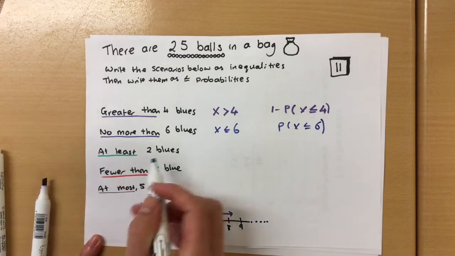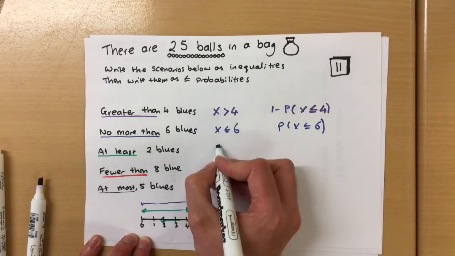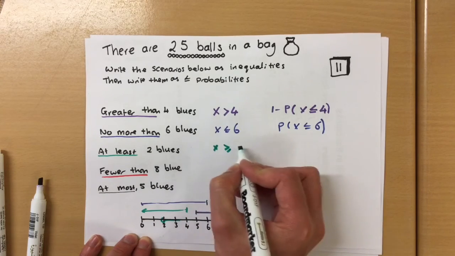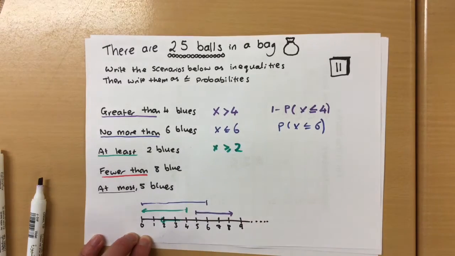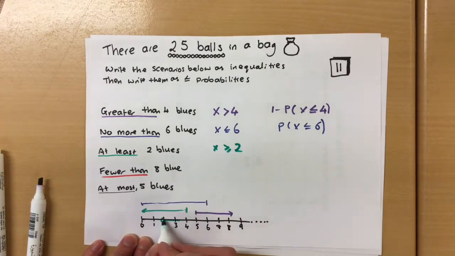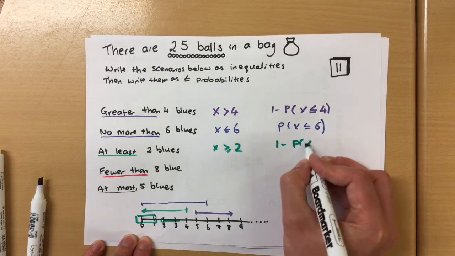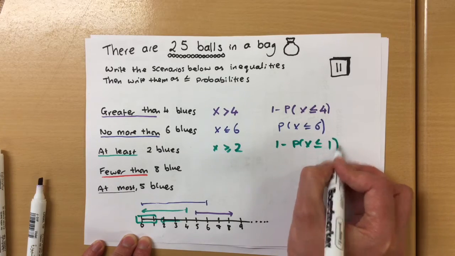So at least 2 blues would be, you can have 2, because at least 2, so it's 2 and upwards. So x needs to be bigger than or equal to 2. And writing it in this form, we don't want those 2. So we do 1 minus probability that x is less than or equal to 1.